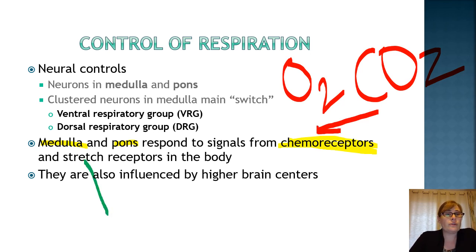There are also some stretch receptors that have a role. All of this feedback, how much oxygen there is, how much carbon dioxide there is, how much the lungs are expanding and recoiling, needs to be received and interpreted in order for the brain to know what to do at that point.